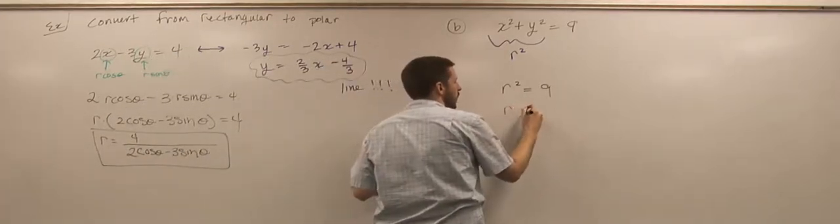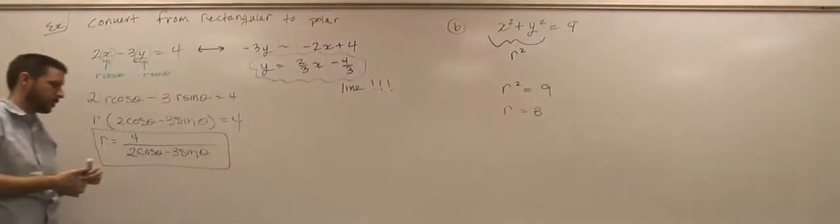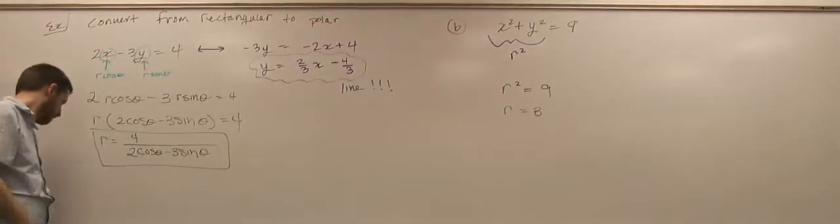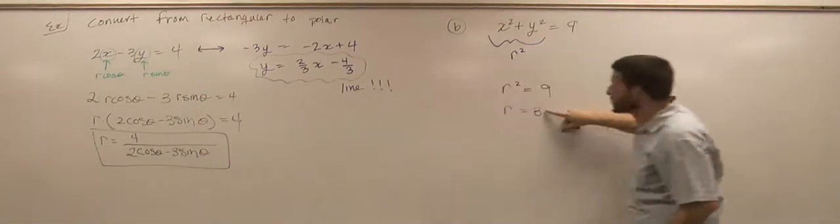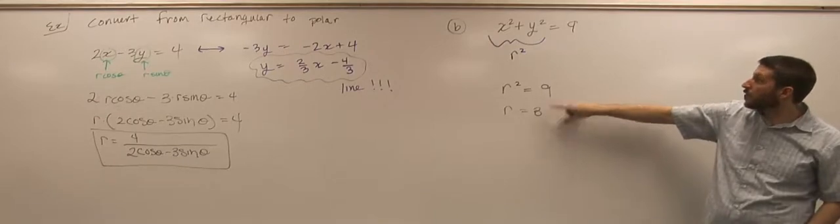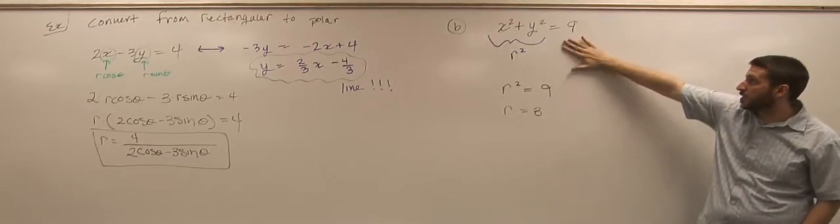Or if you square root, r equals 3. I like that one. So this one's a little simpler now. Although we do know we did a little bit of work in 126 at some point in time, and we did learn how to graph this.